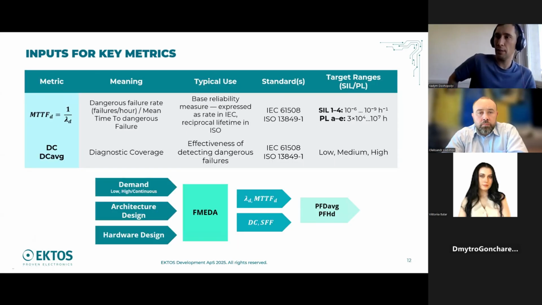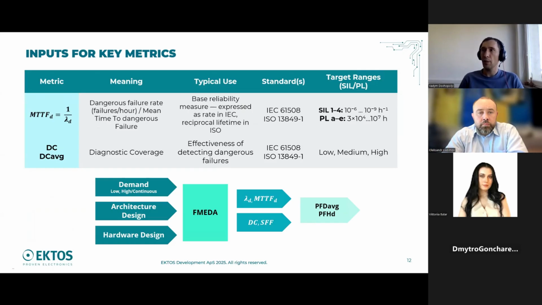Yeah, and inputs for these key metrics is mean time to failure, or mean time to dangerous failure, just to be more precise. It shows how much time before a dangerous failure occurs.